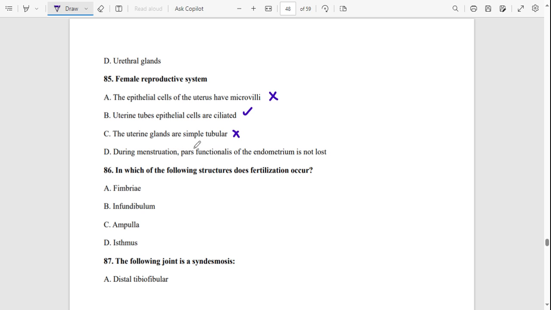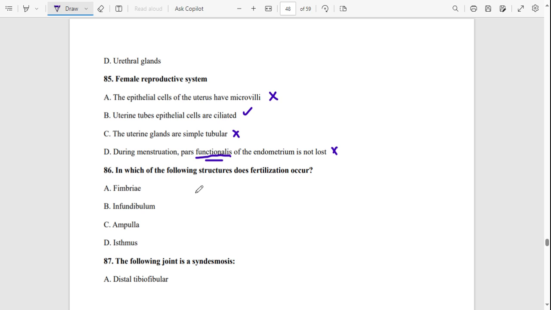During menstruation, pars functionalis of the endometrium is not lost? The endometrium has the basal layer and the functional layer. The functional layer is going to be lost during menstruation. The basal layer is the one which still remains and also has blood.